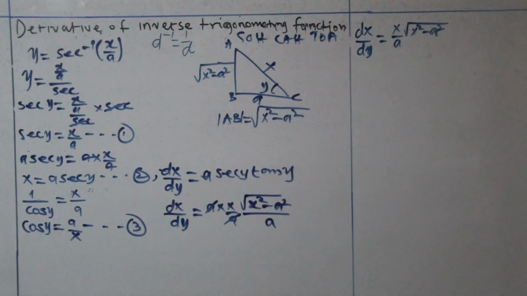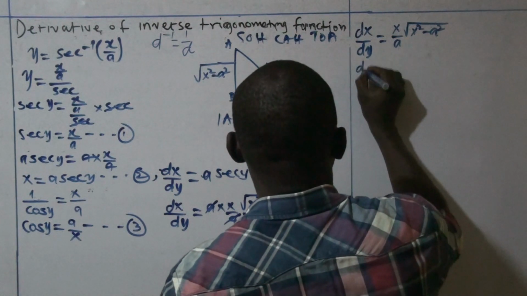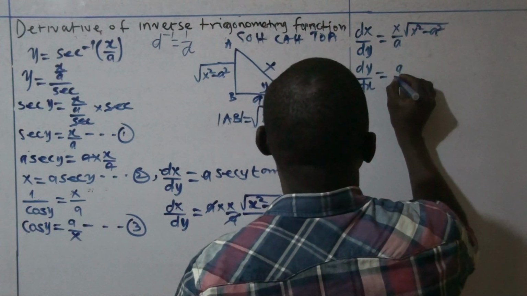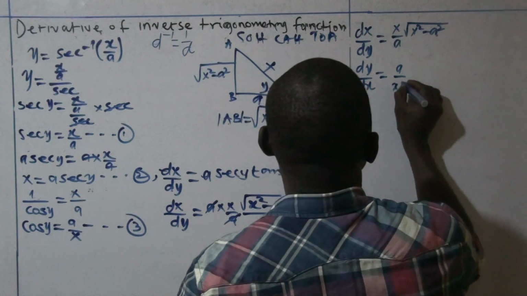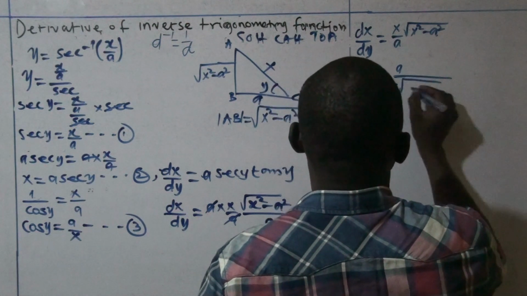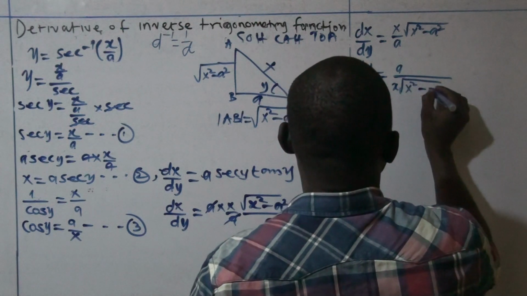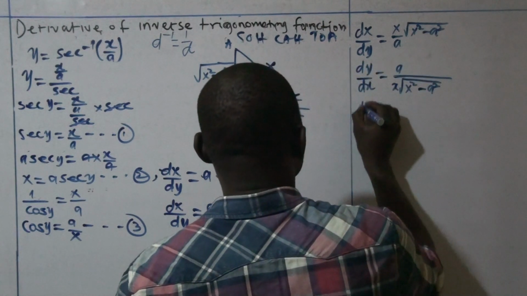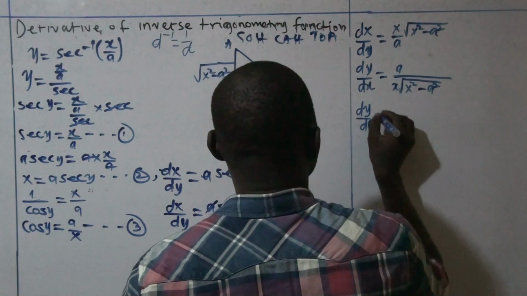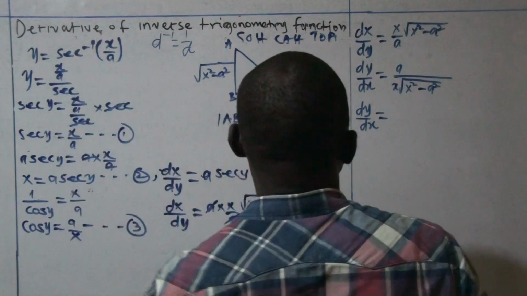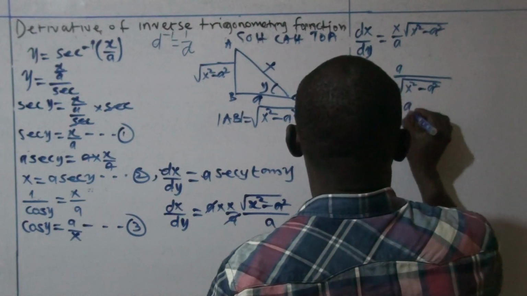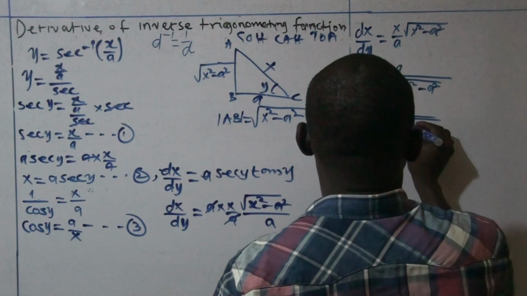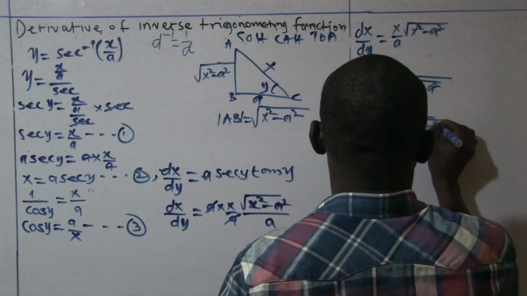So if we are looking for dy over dx, this becomes a over x root x squared minus a squared. So the derivative of sec inverse of x over a is just a divided by x times the square root of x squared minus a squared.